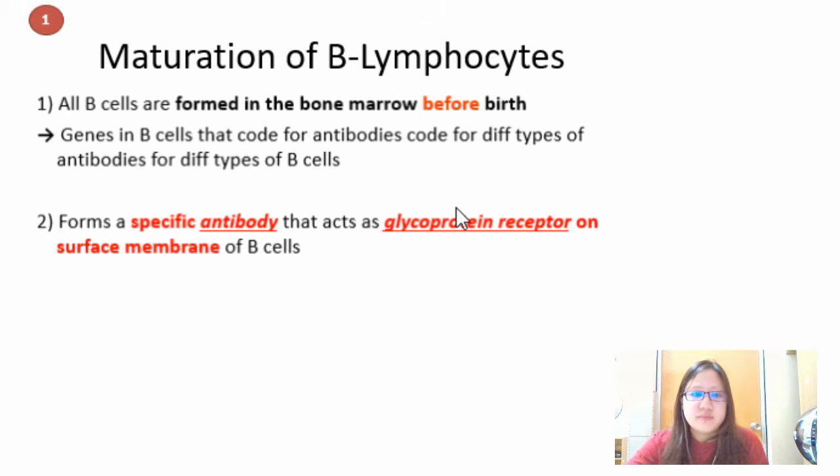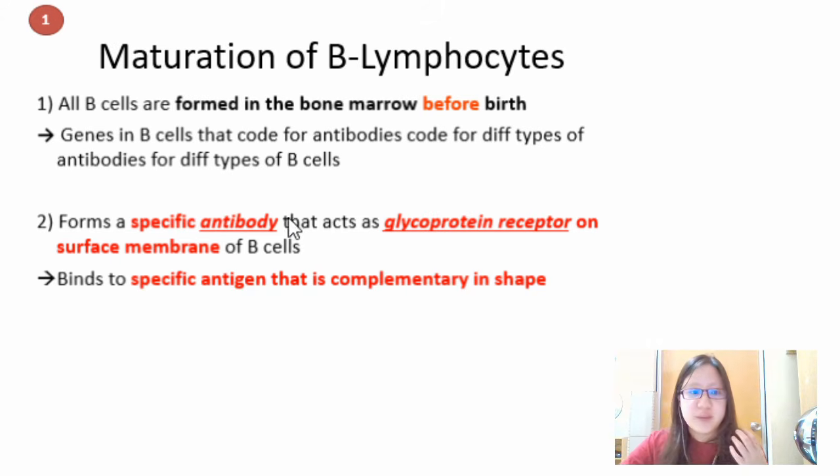Now, each B cell will have a specific antibody which acts as a glycoprotein receptor. Antibodies are glycoproteins, which means it has a protein, it also has a carbohydrate attached to it. And this is on the cell surface membrane of B cells.